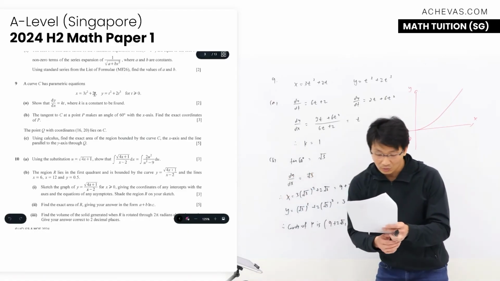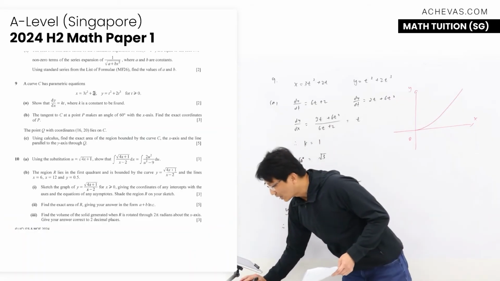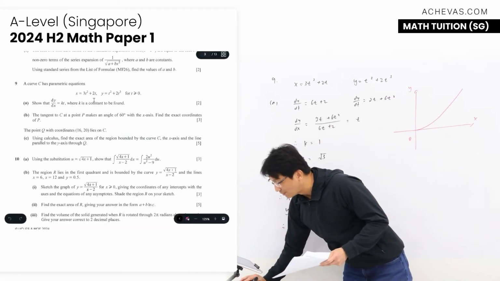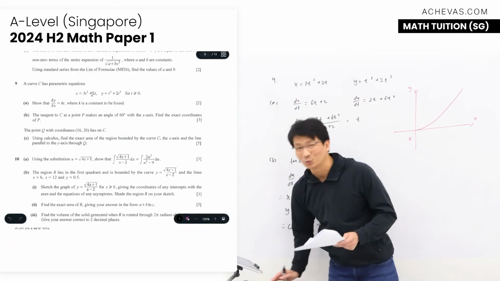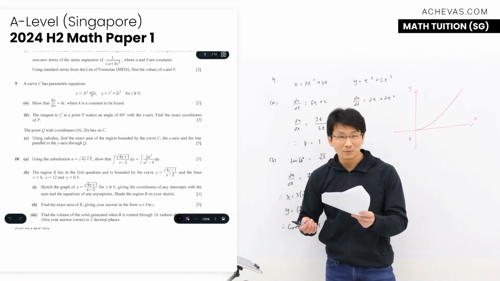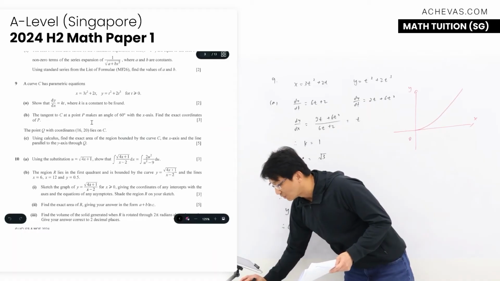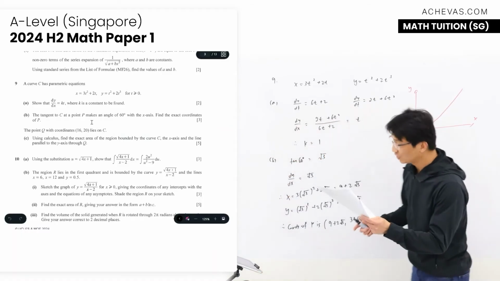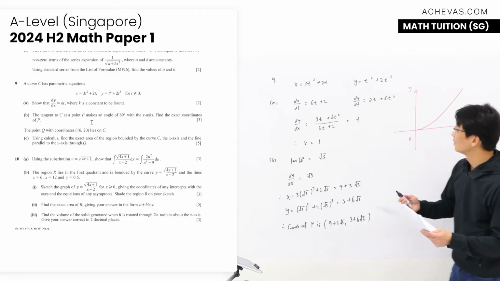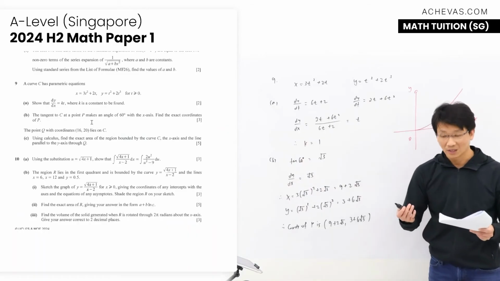By doing observation, you can immediately see that my value of t is just equal to 2. If you don't want to do observation, you don't need to. You can just equate, then solve for the value of t. But I think observation is a valid way of solving the question very quickly.